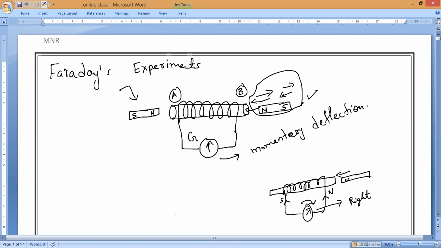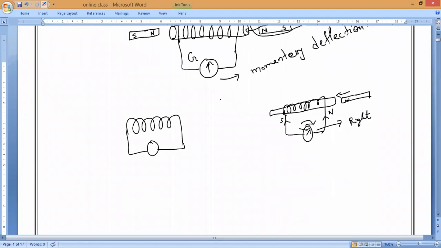Now the same north pole, if you keep it at the A side, remember the north pole is inserted from this side, so this is north pole and this is south pole. The north pole is going inside.